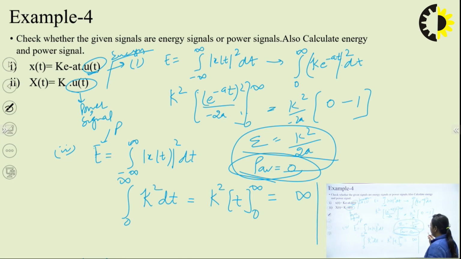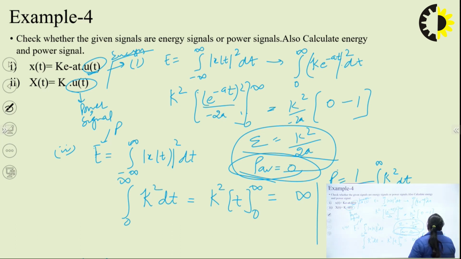So I have to calculate the power of the signal, which will be equal to 1 upon t, and this will be 0 to infinity k square into dt, okay? So it is 1 upon t, and k square is a constant, and what I am getting here is again the t.